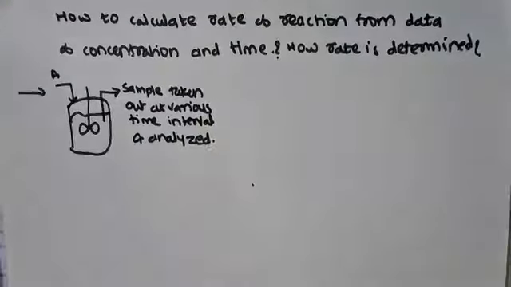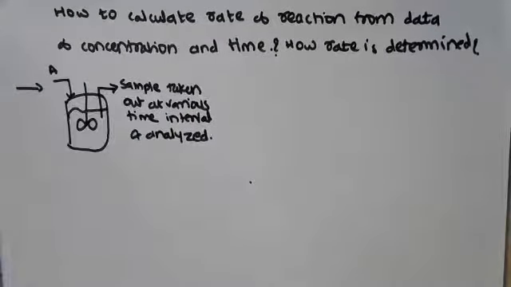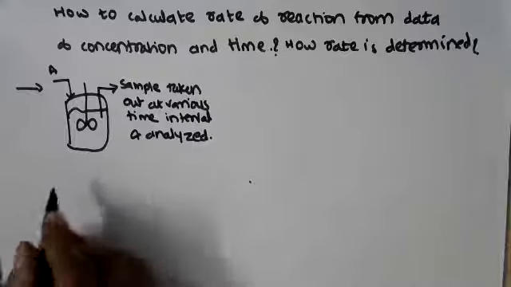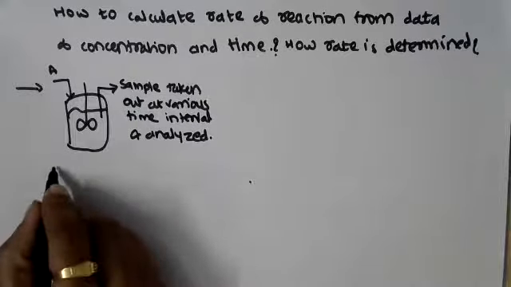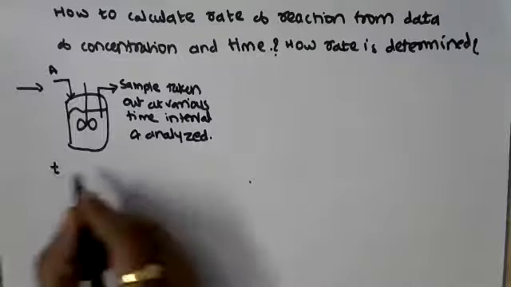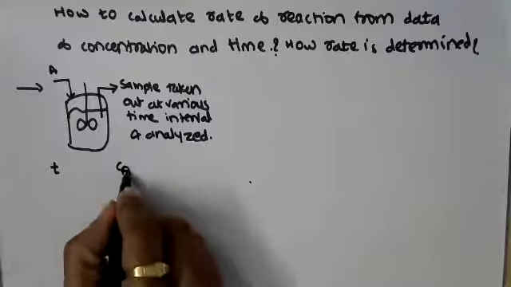So when the sample is taken out at various time intervals and whenever it is analyzed, then we get the data of time versus concentration.